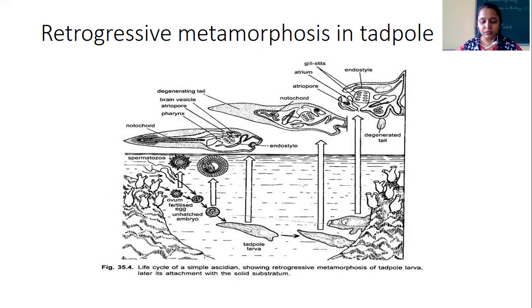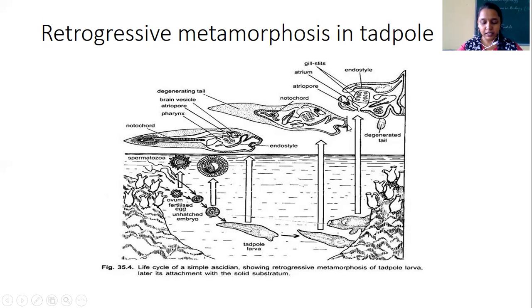Notochord and nerve cord also disappear during the metamorphosis process. The larva loses its sensory structures like the ocelli and the sensory vesicle. In the adult, there will be formation of the cerebral ganglia. The adhesive papillae help in attachment to the substratum.